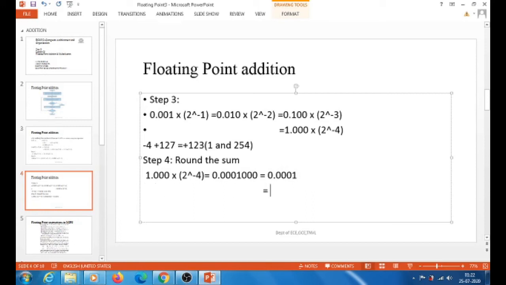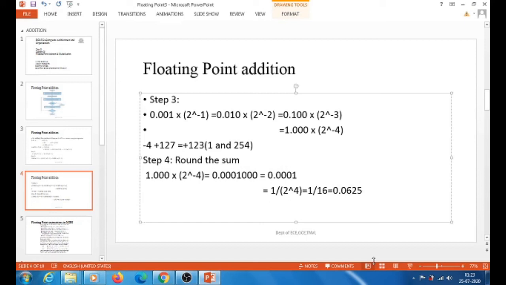It is equal to 1 divided by 2 power 4, because 4 bits, 1 2 3 4, lie to the right of the decimal point. So this is 1 divided by 2 power 4, which is equal to 1 divided by 16 to the base 10, which in turn is 0.0625 to the base 10.